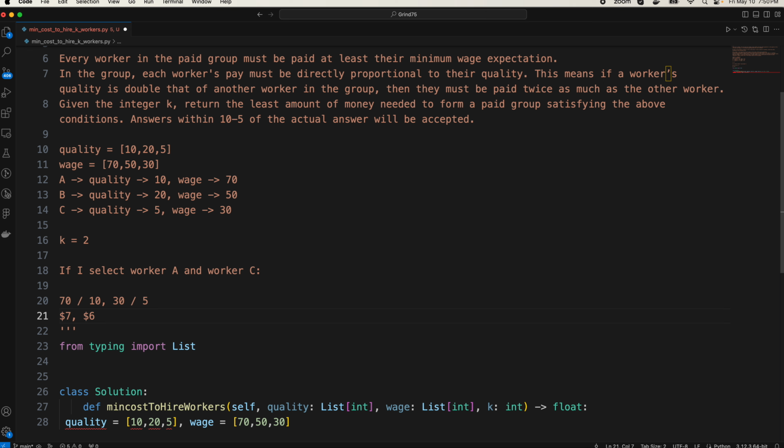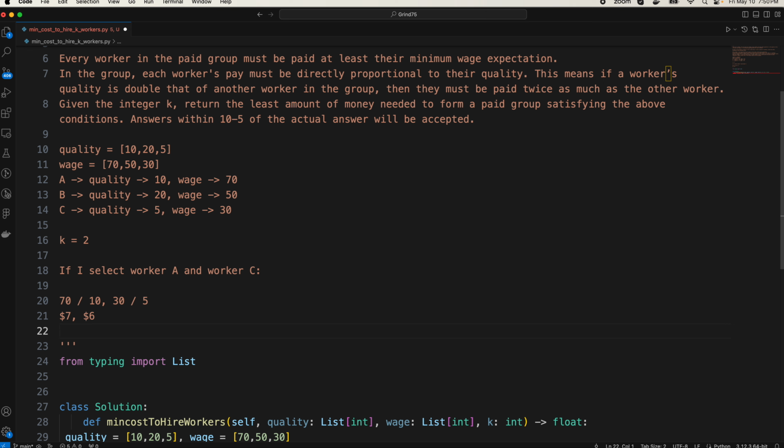So what would be the minimum cost now? The minimum cost would be $7 times the total quality, where the quality for A is 10 and for C is 5. That means I have to pay proportionately according to the quality.